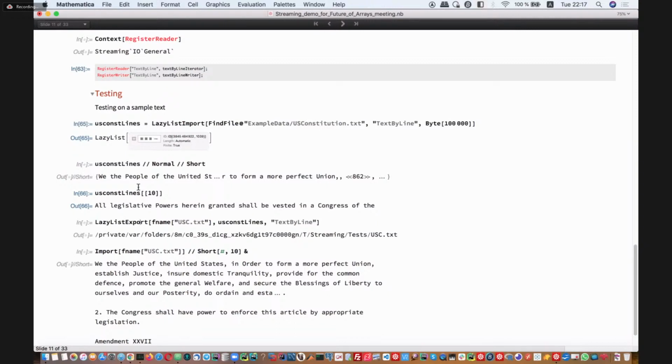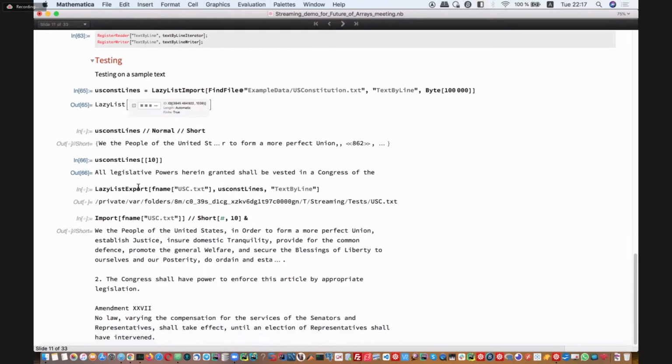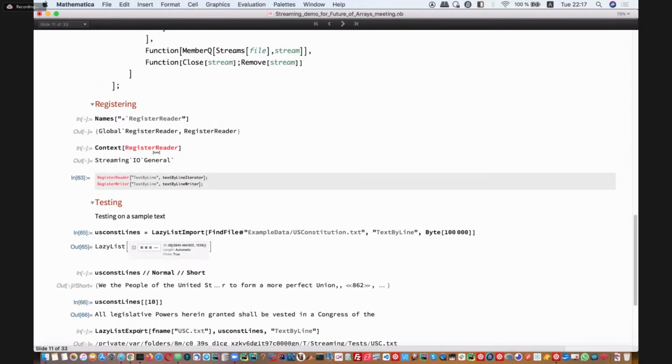You want to be able to show it right away as soon as you've buffered enough. So this is basically a streaming import versus an ordinary import with a lazy list element. Exactly. And actually streaming supports both. I just didn't have an example for the one which will be lazy in terms of importing, but it is inside.